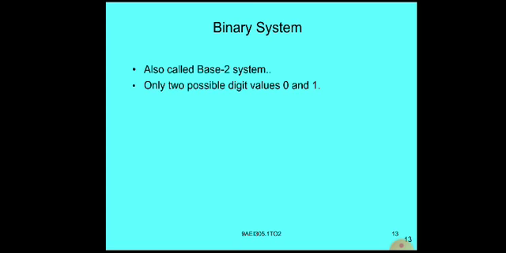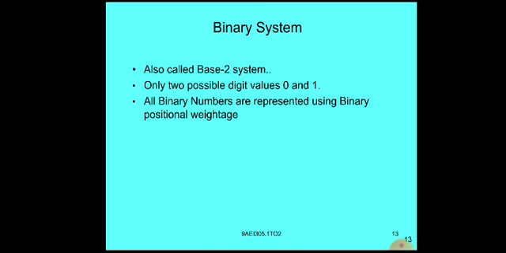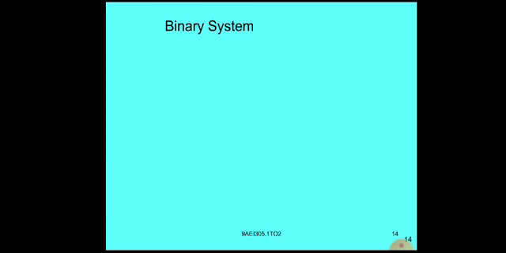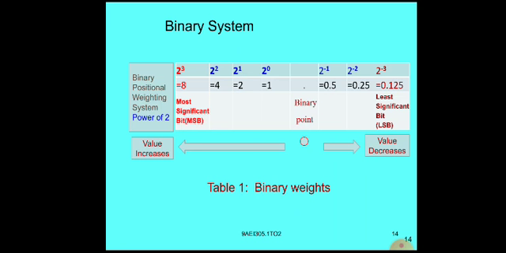As I said yesterday, it is a base 2 system having two symbols, 0 and 1, and it has 2 bits, 0 and 1, and it has its positional value as we discussed yesterday.